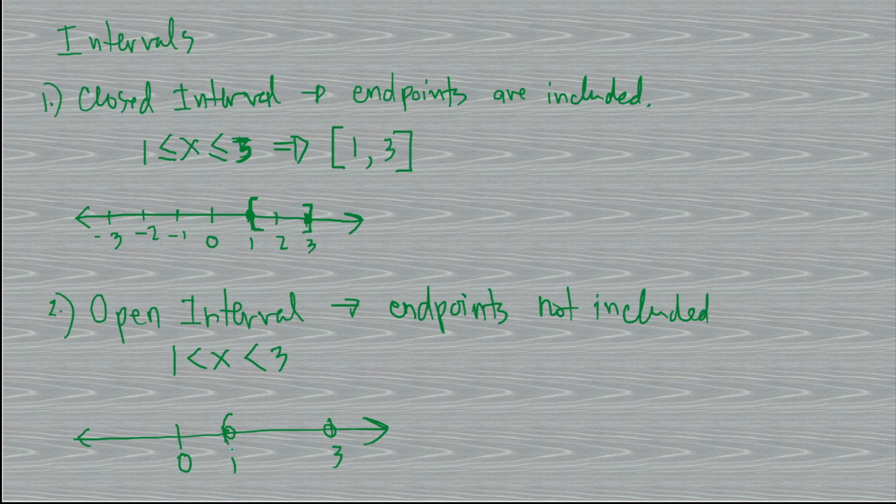So we will have here parentheses, because we can rewrite this as (1, 3). Take note, in a closed interval we are using brackets, but in an open interval we are using parentheses. So all of the points in between 1 and 3, excluding 1 and 3, if you are talking of an open interval.